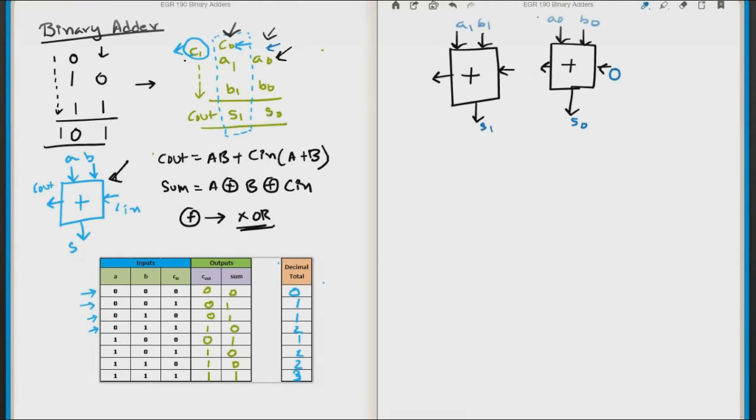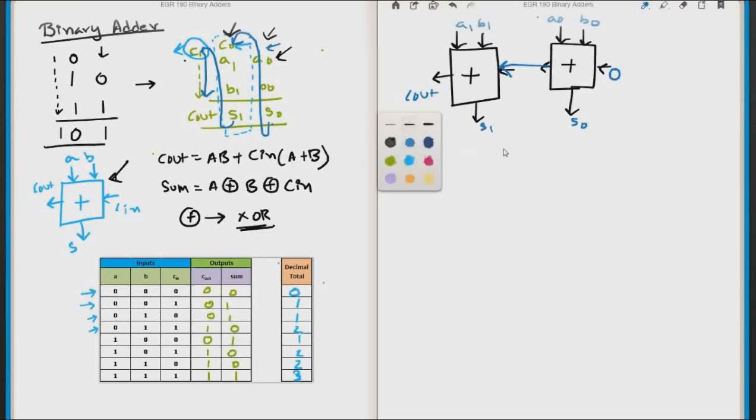The carry coming out of bit 0 goes to the next stage, so we connect it to the next bit, and the carry coming out from C1 goes down as Cout. That's it. If you have a 4-bit adder, all you need to do is combine four of them together to get a simple adder.